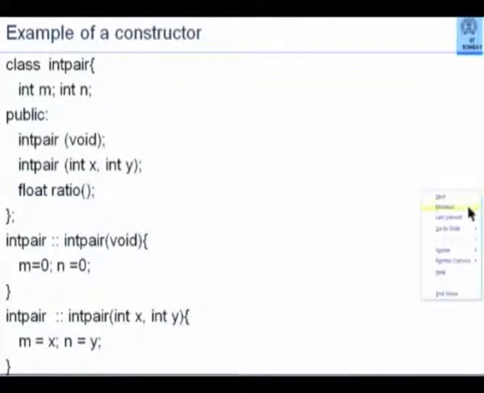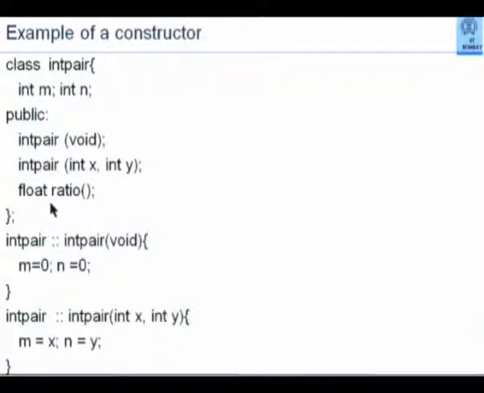What are the data members of this int pair class? The int pair class has two integer values, int m, int n. That's all. What are the operations that I permit on this pair of numbers? Here are the public functions. First, look at the last function here, float ratio.